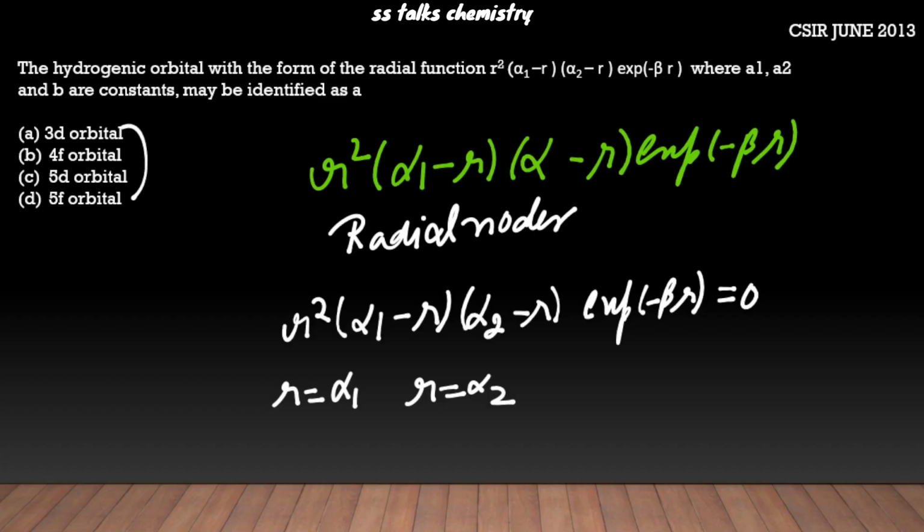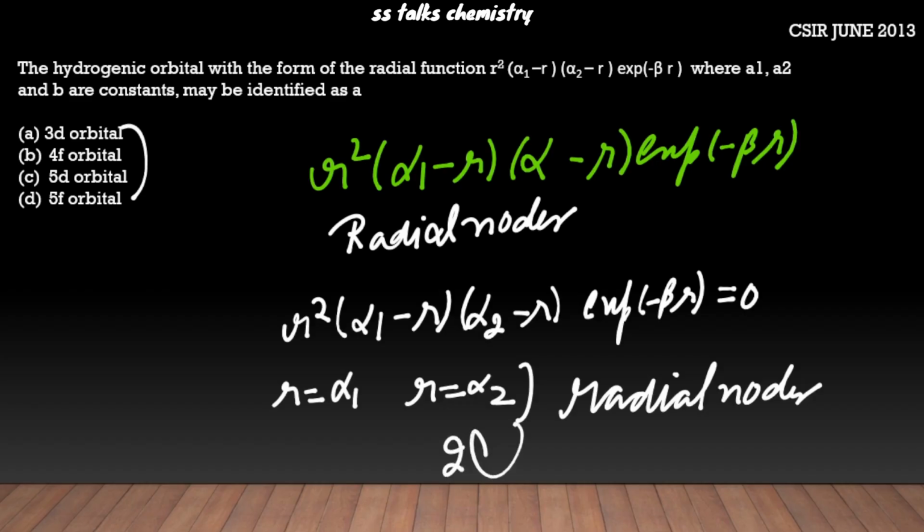So these two scenarios correspond to the radial nodes, the positions of the radial nodes. So we have got 2 radial nodes. Now in the given orbitals, we have to see the one which has 2 radial nodes, that is going to be the orbital for which the wave function has been given. So the first orbital is 3D.